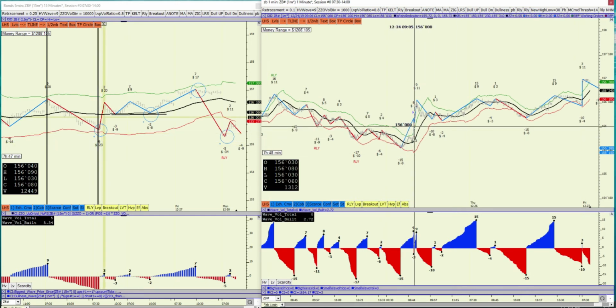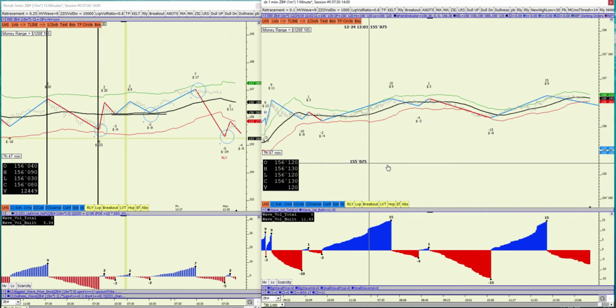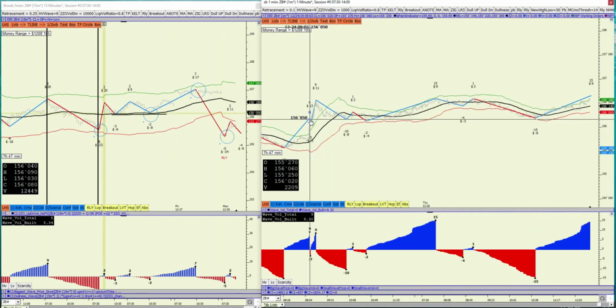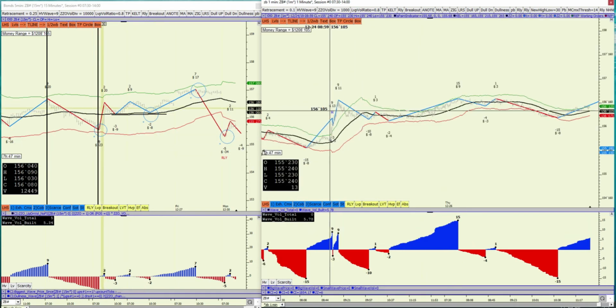After that, you have a rally. The rally has good price movement and volume on the 1-minute chart. That rally or price movement was high. In fact, that's why it's even indicated there.